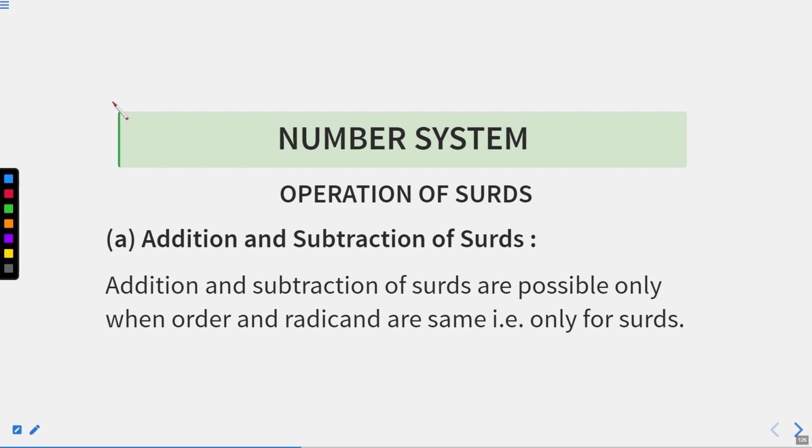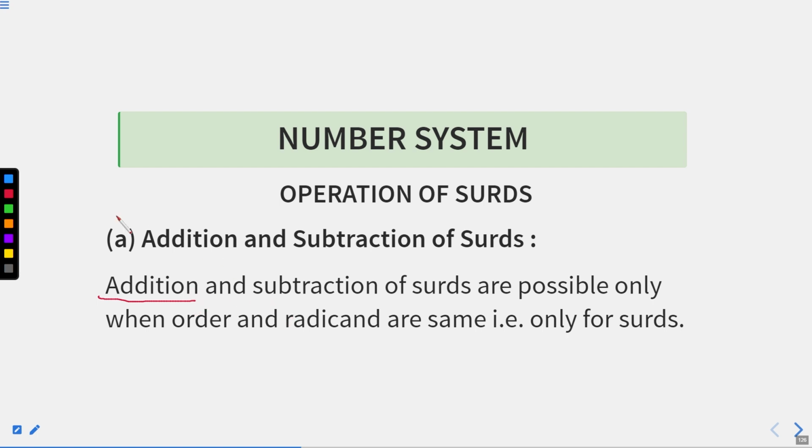Let's find out. There's only one condition; if the condition is satisfied, then only will I be able to add two surds, or even subtract two surds.